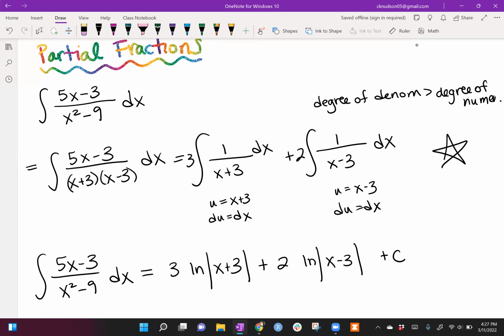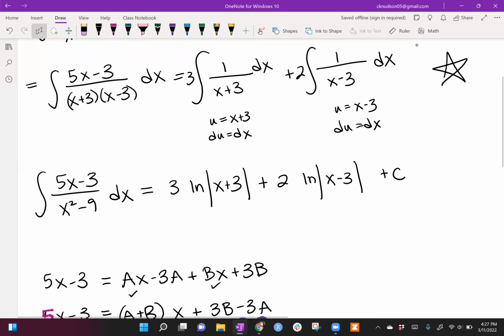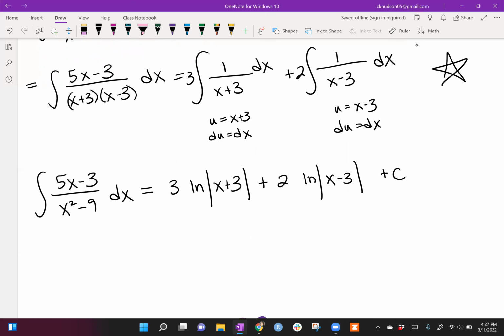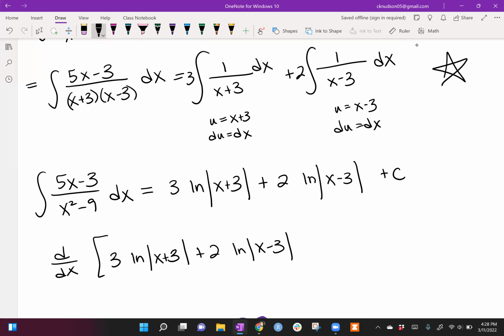And we can always check our work. So we could take the derivative of the right-hand side. So if we look at d/dx of 3 natural log of x plus 3 plus 2 natural log of x minus 3 plus our constant.